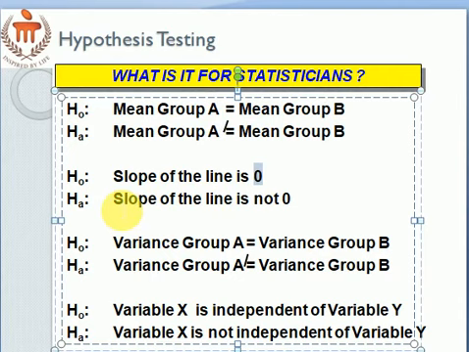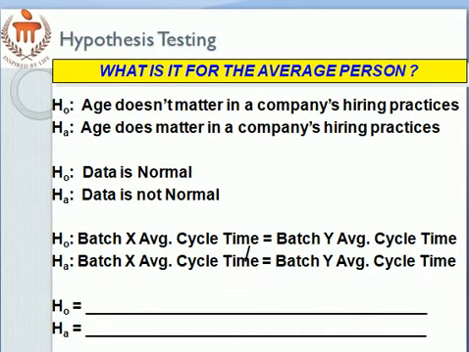In another example, the variance of group A and group B are equal, and the alternative will be that the variances are not equal. Similarly, in the next example, variable x is independent of variable y, and the alternative is that variable x is not independent. There are some more cases: age doesn't matter in the company hiring practices, and the alternative is that age matters in the hiring practices.